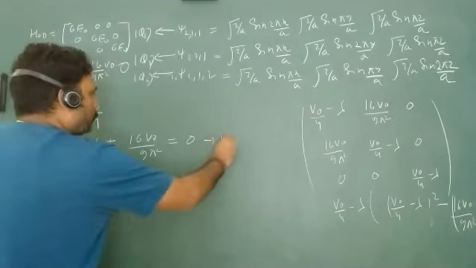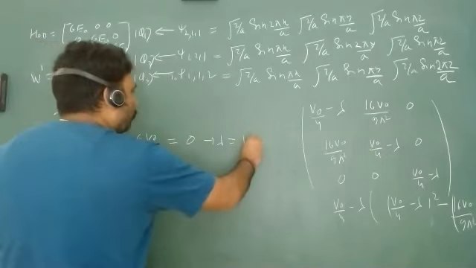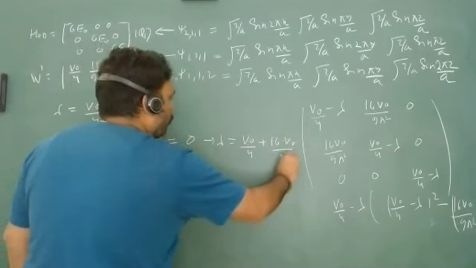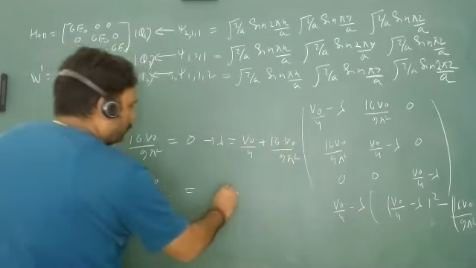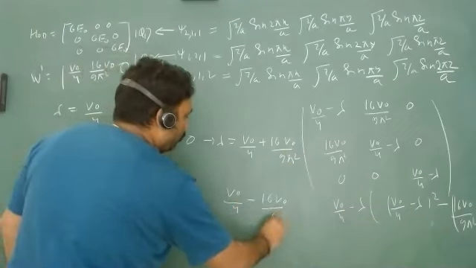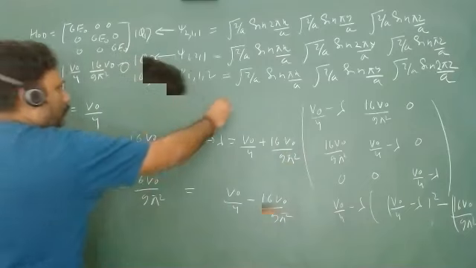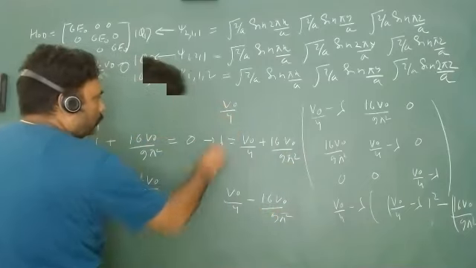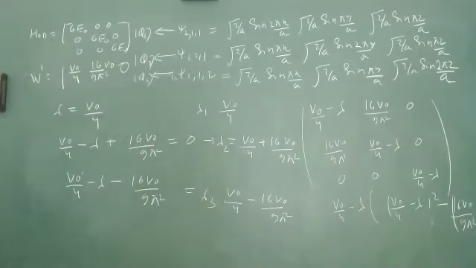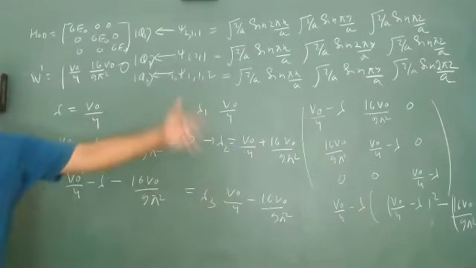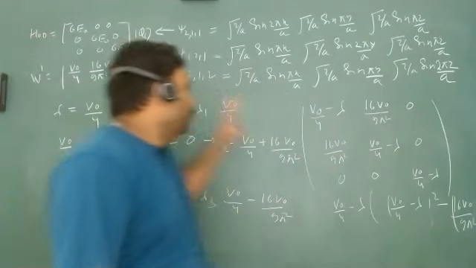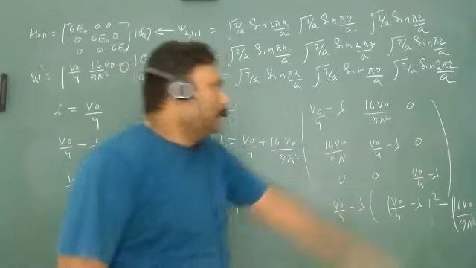So here lambda is equal to V naught by 4 plus 16 V naught upon 9 pi square, and V naught by 4 minus 16 V naught upon 9 pi square, and this one will be V naught by 4. So let's say lambda 1, lambda 2, lambda 3. So you will get the eigenvalues of W dash, and you are 100% sure that if you diagonalize, these eigenvalues will be in the diagonal term.